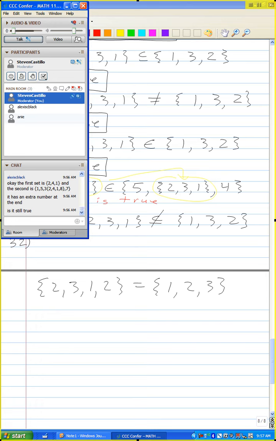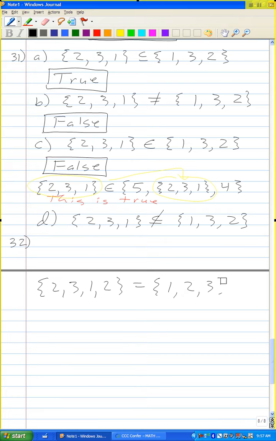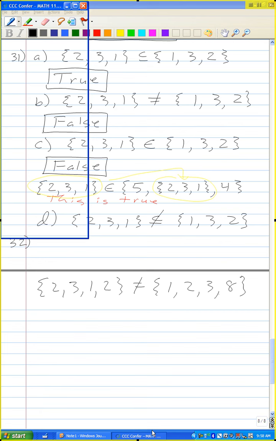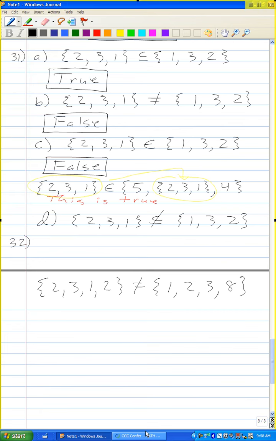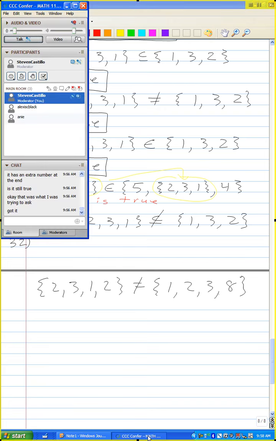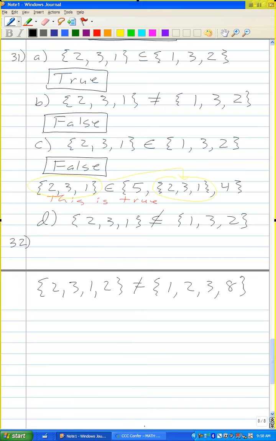That would be a false statement. If there was an 8 here, then these are not the same. Yeah, so they have to have the same elements. For two sets to be equal, they have to contain the same elements.